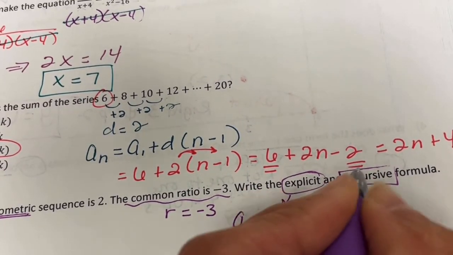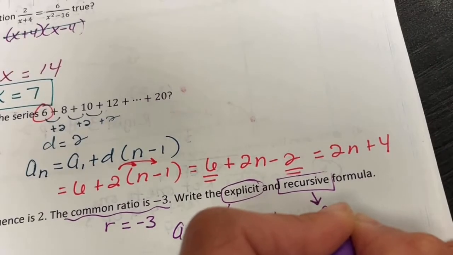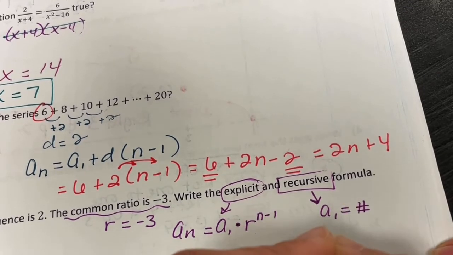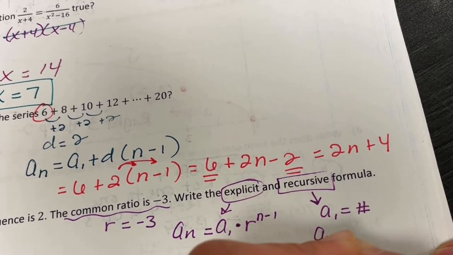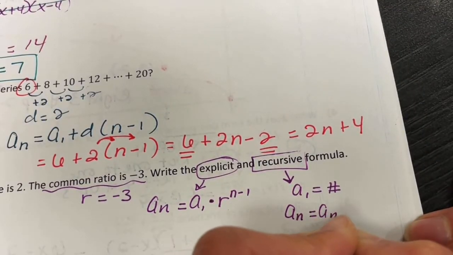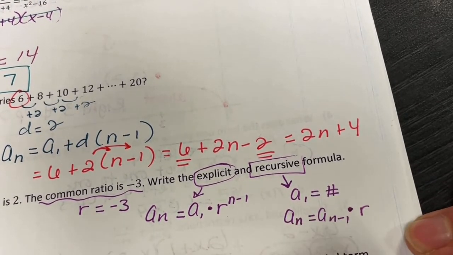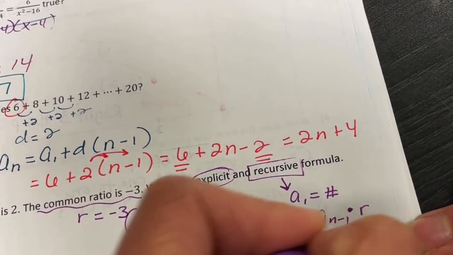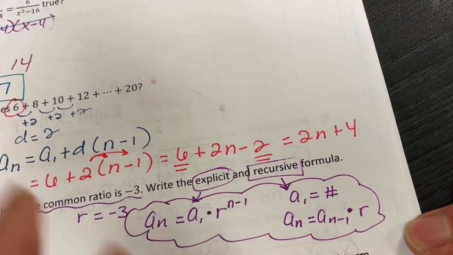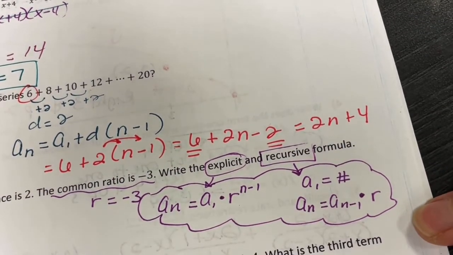The recursive formula, you have to state what the first term is, it's always some number, and you have to find a term by taking its previous term, a sub n minus 1, and multiplying by what the common ratio is. So these are the two formulas for a geometric sequence, explicit and recursive.